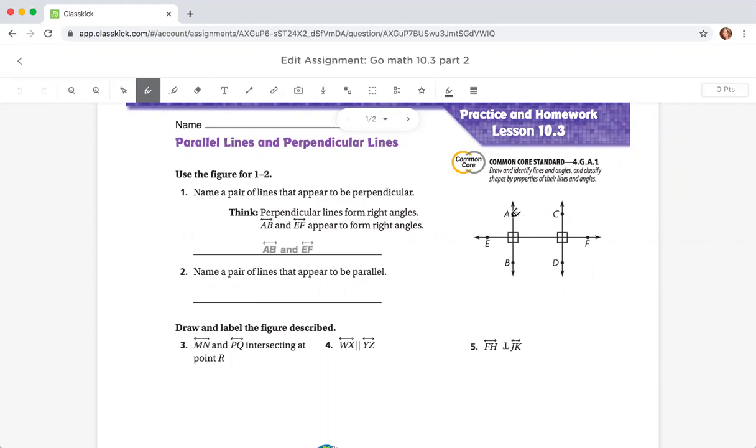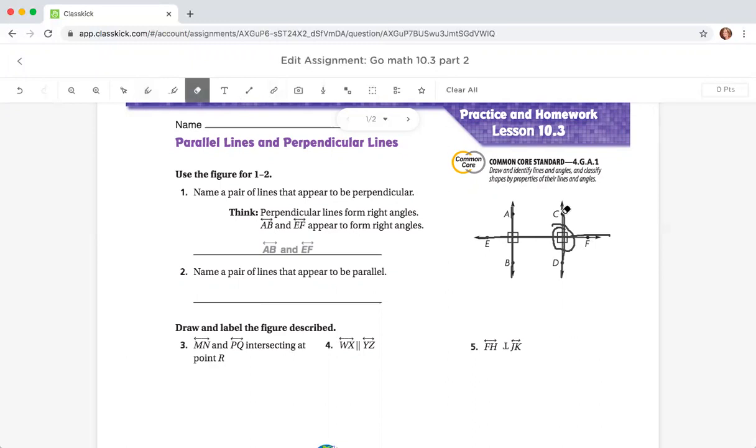Line AB, right here, and EF, going this way, appear to be perpendicular. You could also say the same about CD and EF. They also appear to be perpendicular because they've given you this symbol of right angle corners to mark the angles, to show you that all 4 of these angles where those lines intersect come together at right angles.